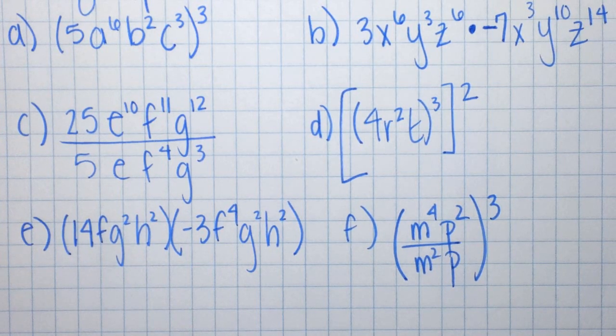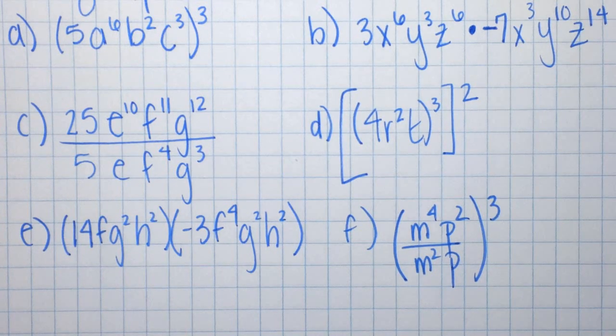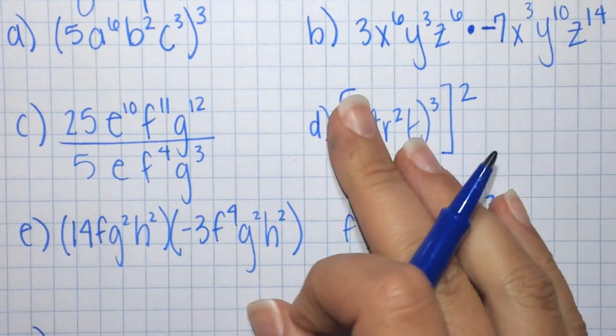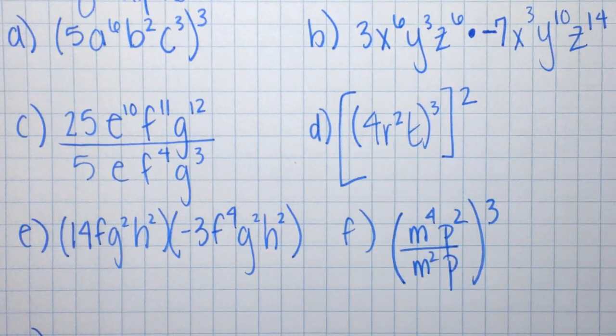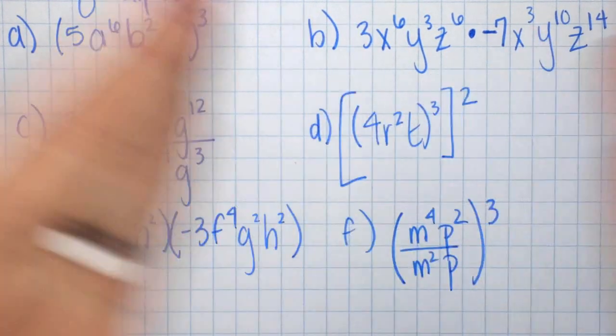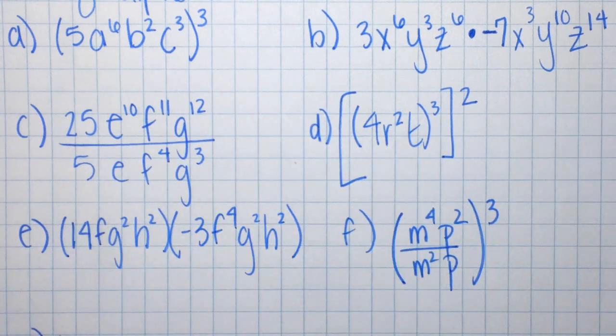Okay. Can you wait just a minute, please? Thank you so much. Now, I would do what's inside the parentheses first on these. I would do what's inside the parentheses first. So start on the inside and then work your way out.